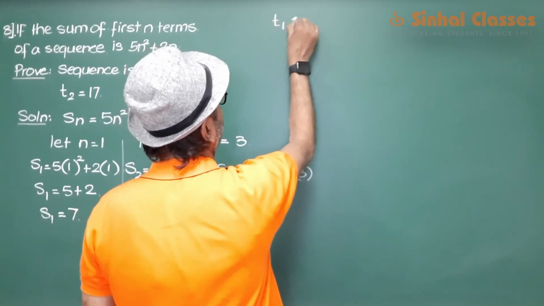So T10 is 550 plus 9 into 25, which is 225. So production in the 10th year is 775. So this is the production in the 10th year.